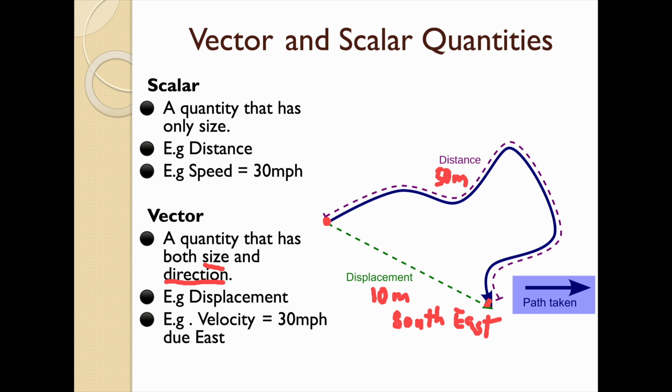Say someone moved 50 meters, that's just size. If I say the person was displaced 50 meters due west, now you're talking size and direction. Sorry, does that make sense? All right, I want y'all to take this down and we continue going. The key takeaway here is that scalar quantities represent size alone, whereas vector quantities represent size and direction.